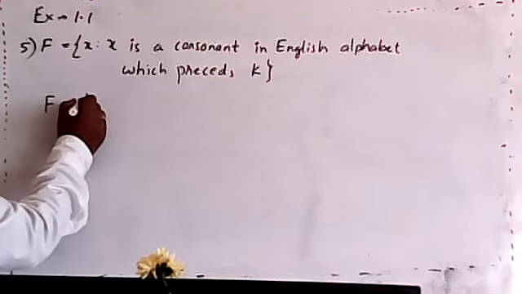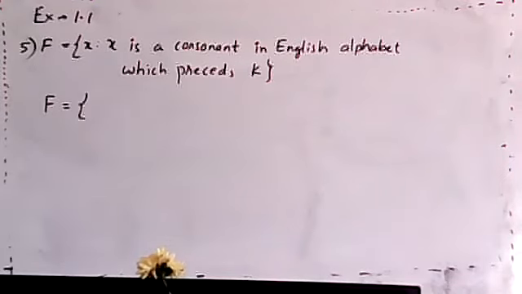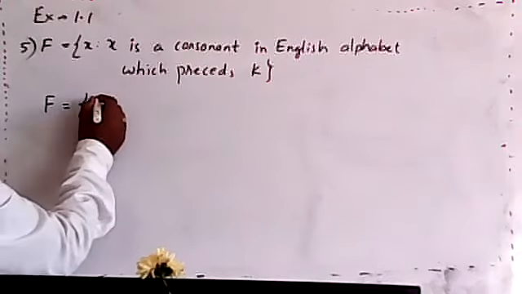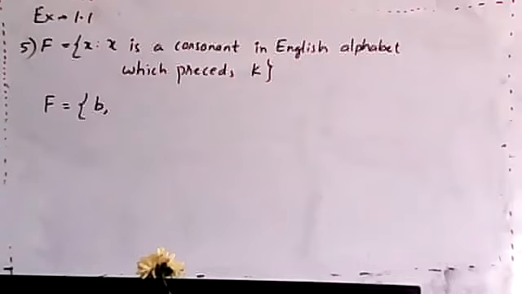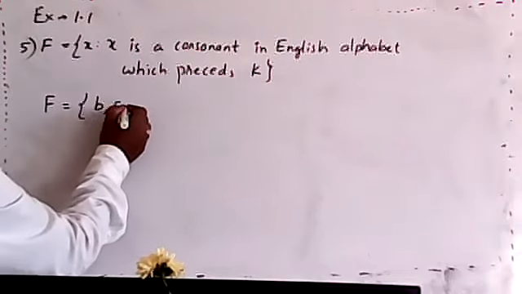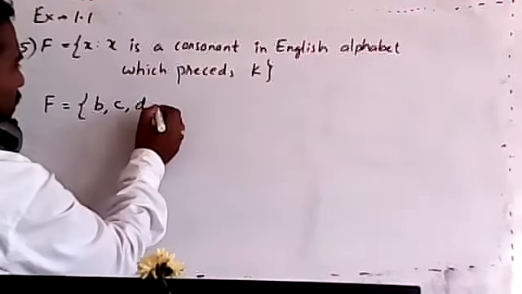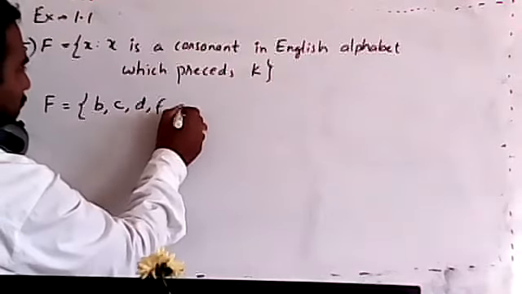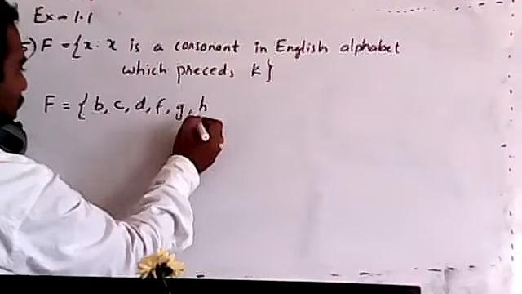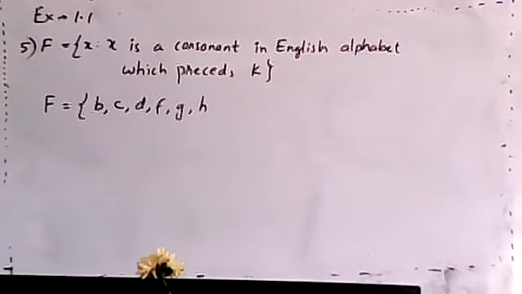So rest are what? Consonants. That too they want the consonants coming before K. A is not consonant. A is what? Vowel. C, D, E is not consonant because vowel. F, G, H, I is not possible because I is a vowel.